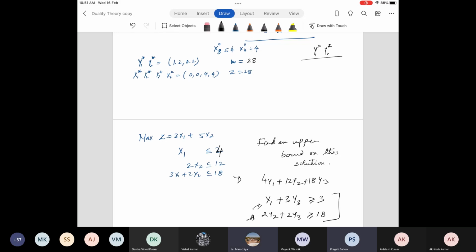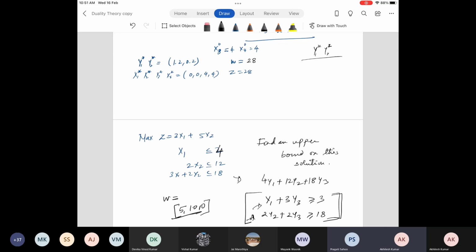5, 10. Okay. If you give me 5, 10, what would be the corresponding W value? I'm talking about y1, y2, y3. You have given me 5, 10, 0.